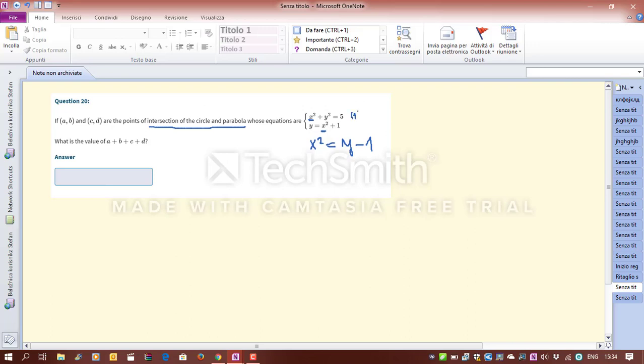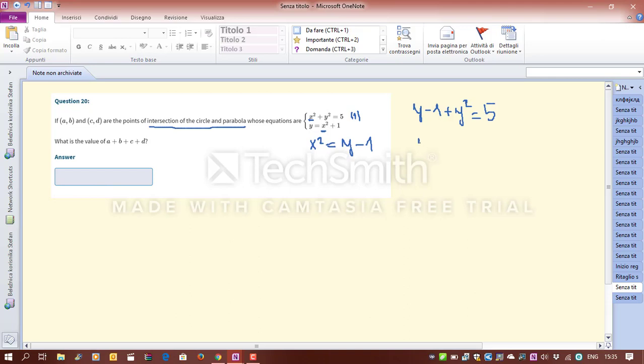Okay, so now this term will be replaced in our first equation, correct? So I do not write x squared, I will write y minus 1 plus y squared equals 5. Okay.